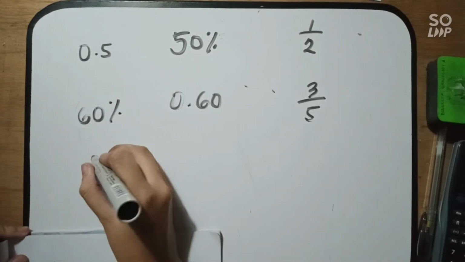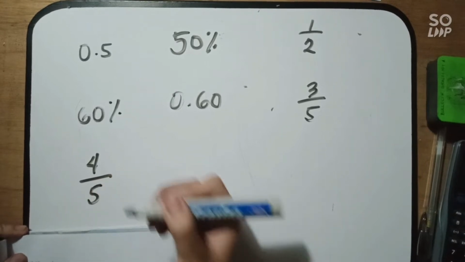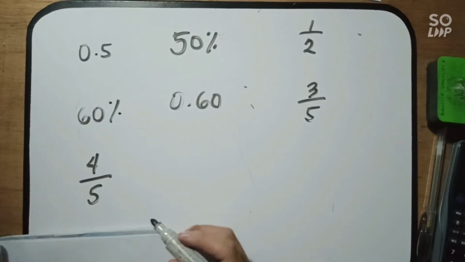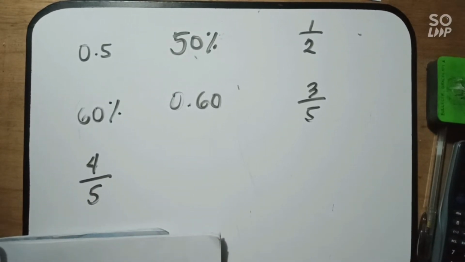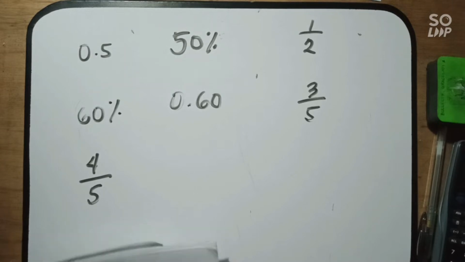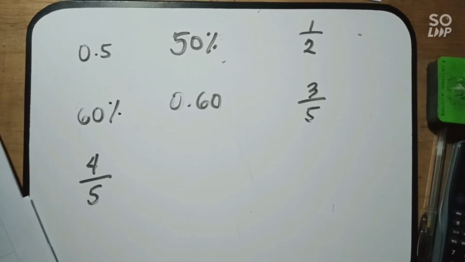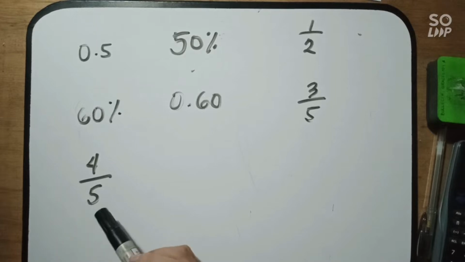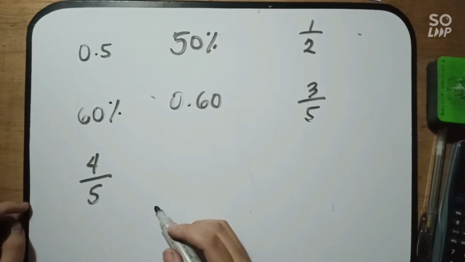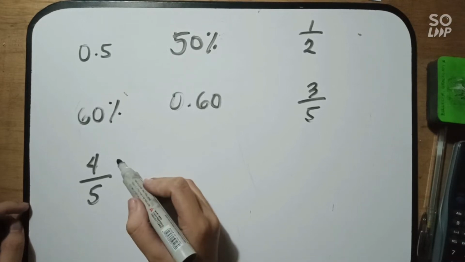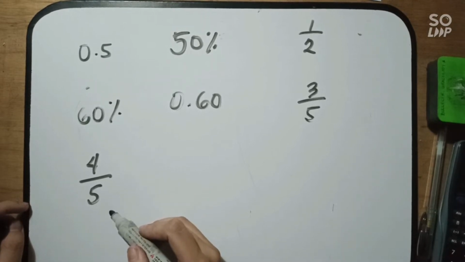Another given is 4 over 5. 4 over 5 is a fraction. In converting a fraction to a percent, the first step is to convert the fraction to its decimal equivalent by dividing the numerator by the denominator.